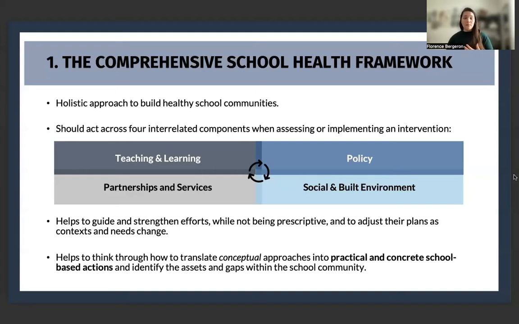And then built environment is really about the buildings, the grounds, the recreational aspect. Are there toys to play, balls to play sports? Are there materials to do arts? Even the way from a youth's home to the school or to the organization, is that safe? Is that a place that is easy to access or not?